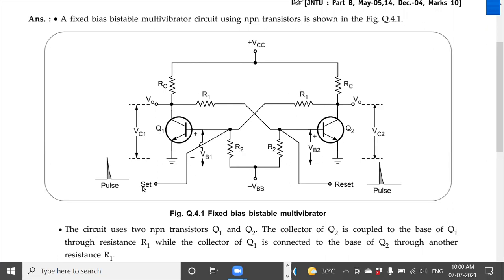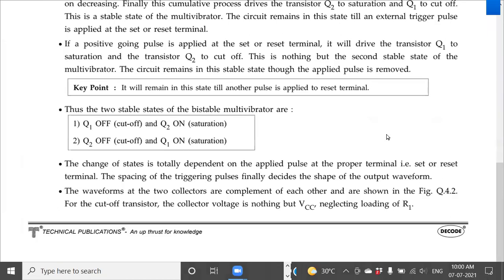So when we give a trigger, it changes the states of the two transistors, because of which VC1 and VC2 will be reversed.